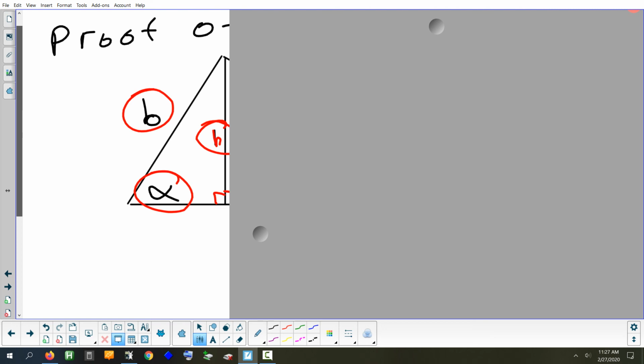So think about using your terms from a right triangle. You're using the right terms, but H is not adjacent. Adjacent means it's right next to you. H is as far away as you can get from alpha. So it's opposite. So we've got opposite. And what about side B? What's that in my triangle?